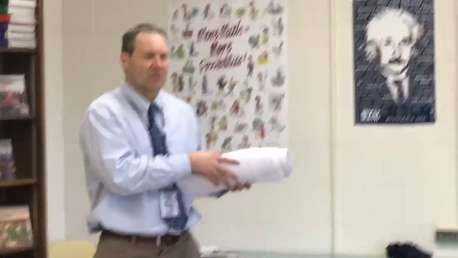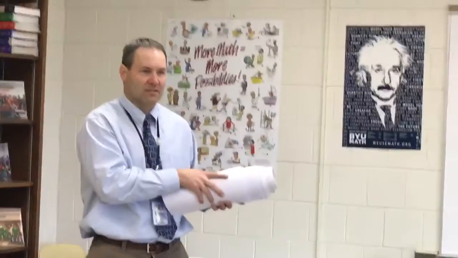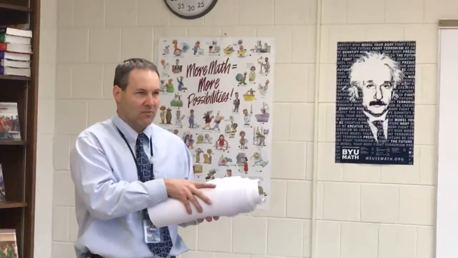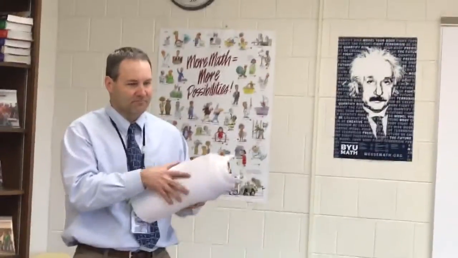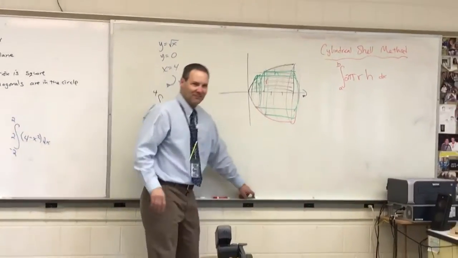Why does it not give you a solid? It does give you a solid, but infinitely many hollow shells will create a solid. Each one of these sheets of paper is hollow if you wrap it around, and you stack it. I don't expect you to completely visualize it right now. That was a pretty good visual.